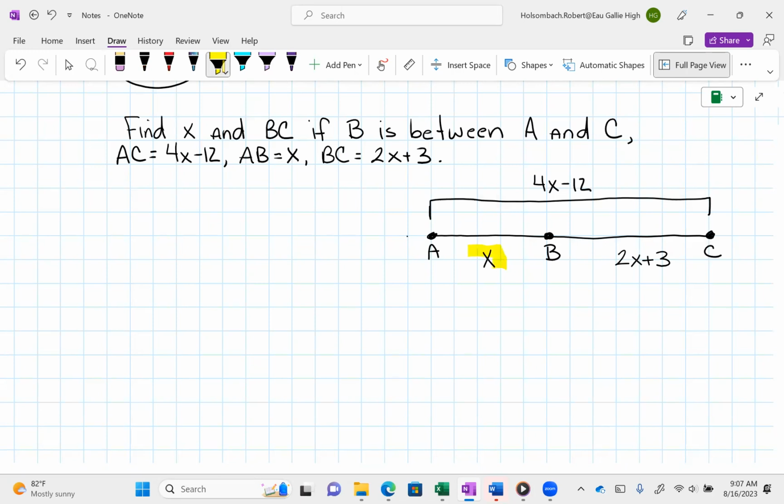Smaller piece plus smaller piece equals entire piece. So we're going to take x plus 2x plus 3, and it has to equal 4x minus 12.